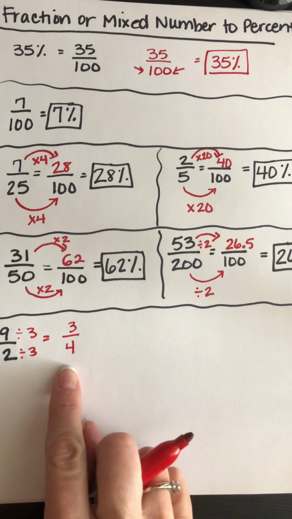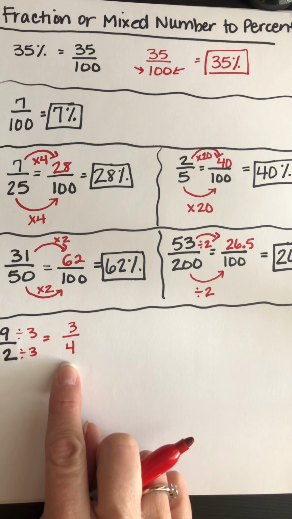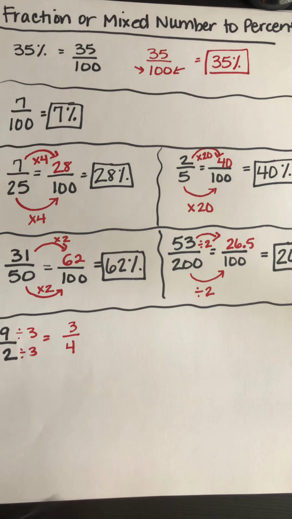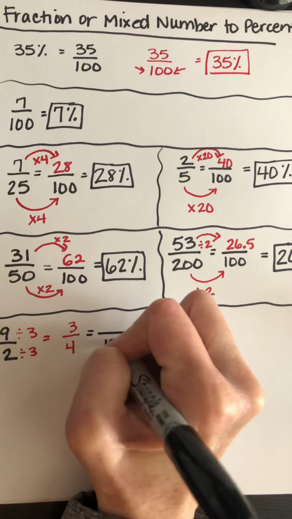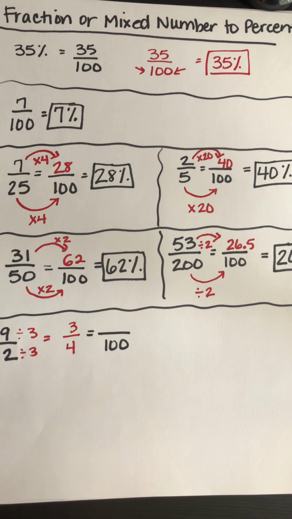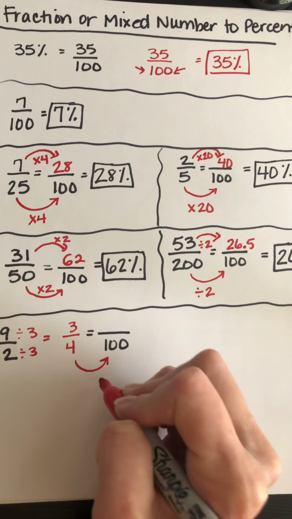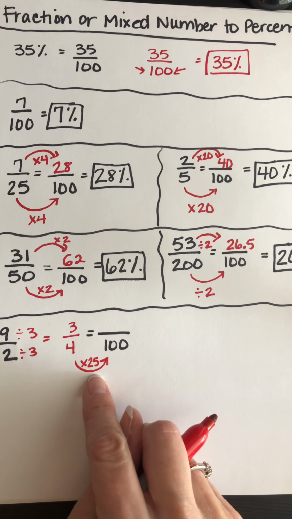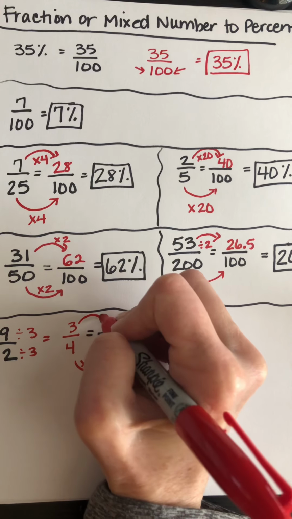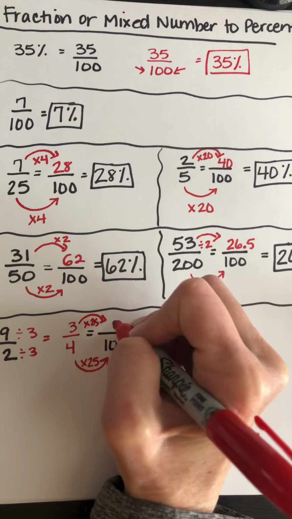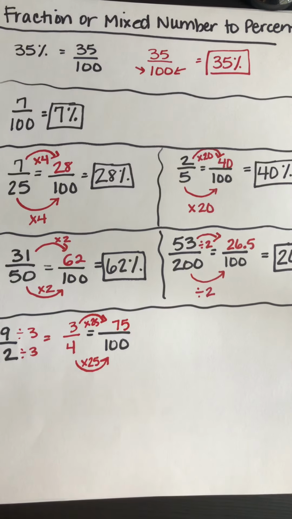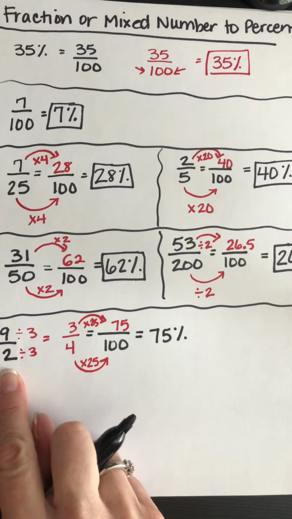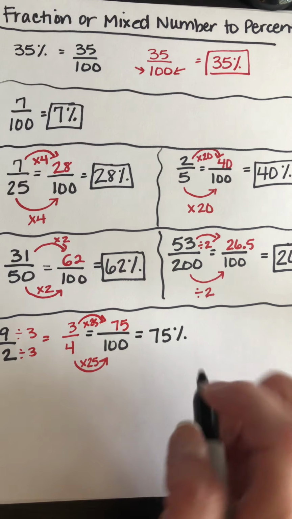Now I can use 4, because I made an equal fraction, as my number to get me to 100. So again, I set my denominator to 100, and I say, okay, how do I get from 4 to 100? Well, 4 times 25 will equal 100. 3 times 25 equals 75. So my fraction is now 75%. So 9/12, if I had 9 out of 12, that's 75%.